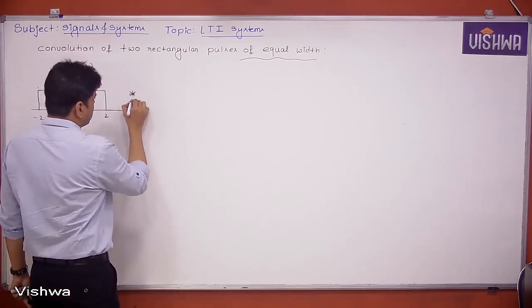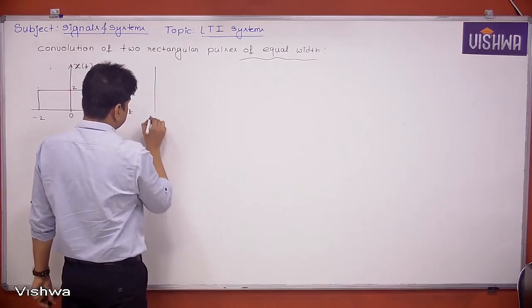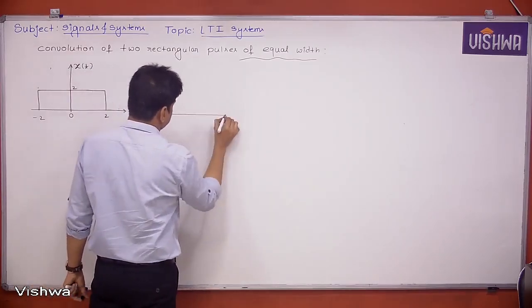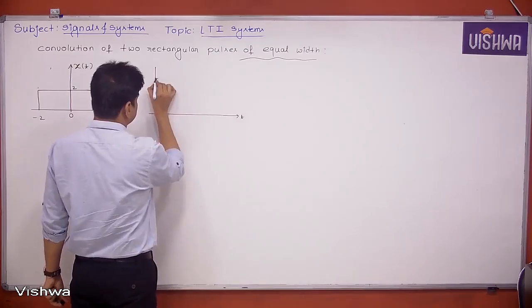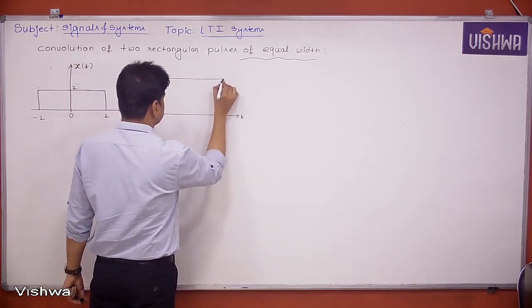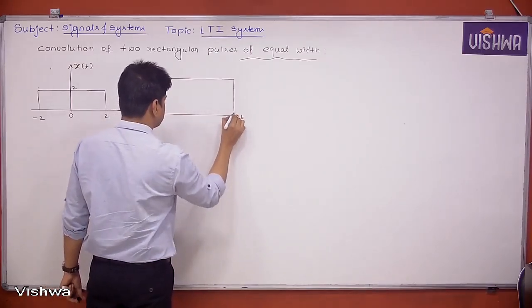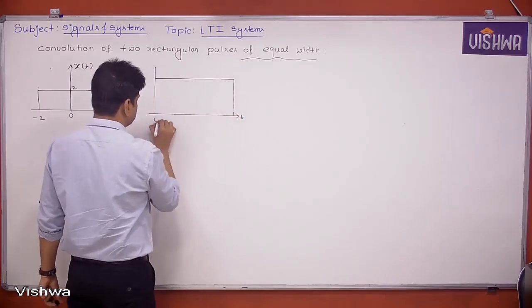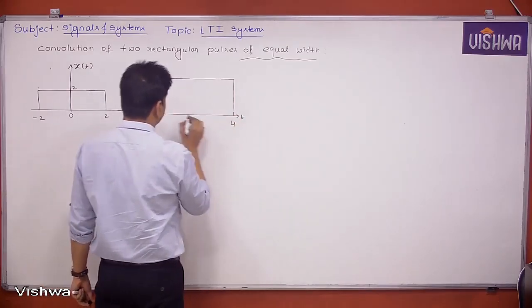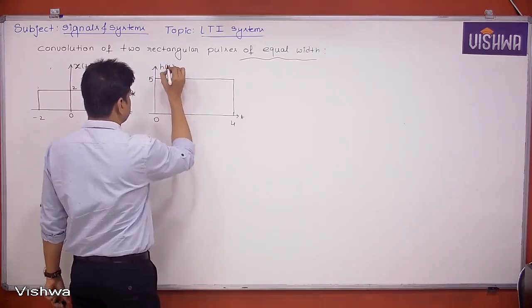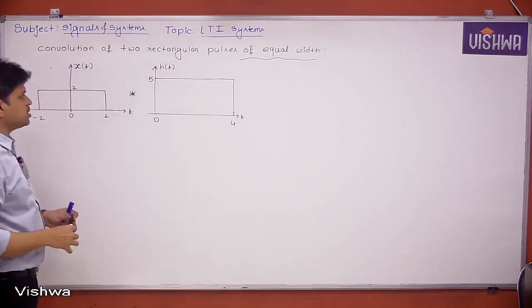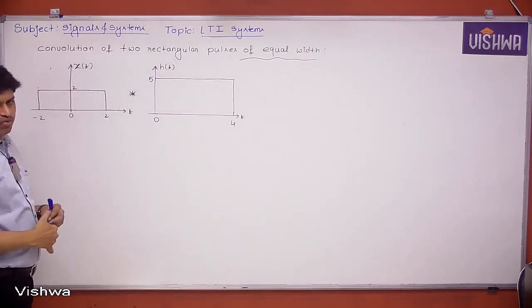If it is convolved with an h of t signal, then what is the result y of t? That's what we have to find out.